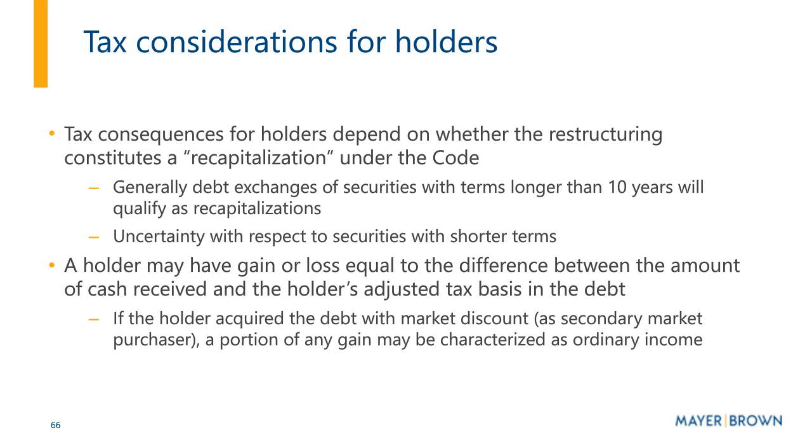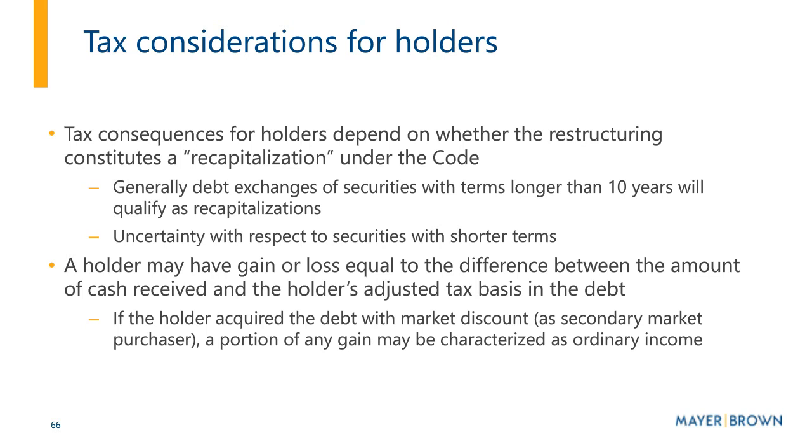So on the flip side, on the holder side, the tax consequences typically depend on whether the restructuring constitutes a recap or recapitalization under the tax code. That determination then in turn depends on what the terms of the securities are. This is relevant for instruments that are debt for tax. This is not provided for in the code or regulations.